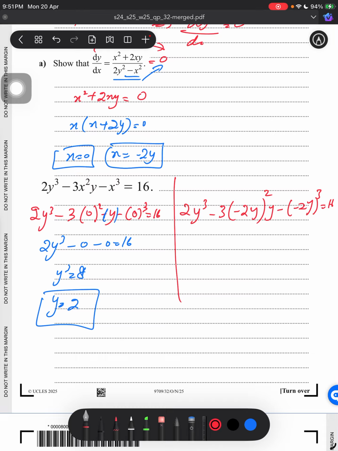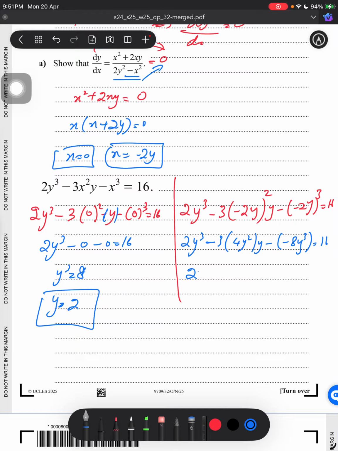So this would give us minus minus plus. This one is minus 4y squared times 1, and 2 cubed is just minus 8y cubed, 16.